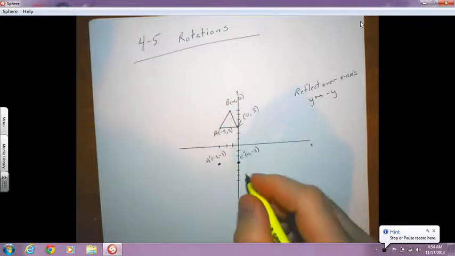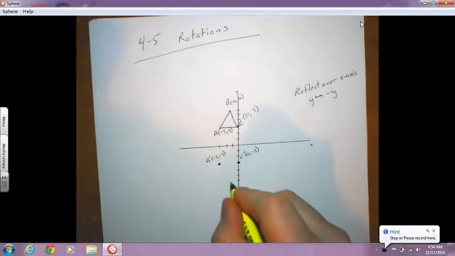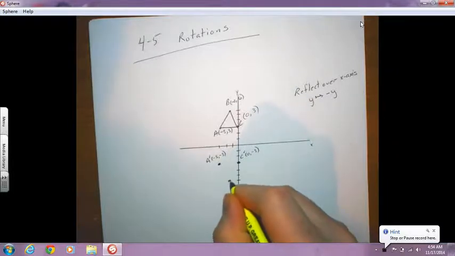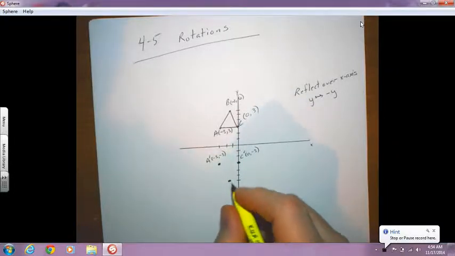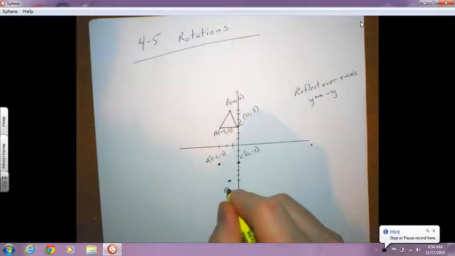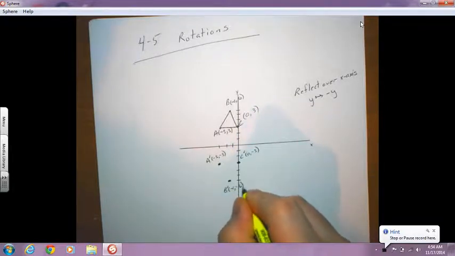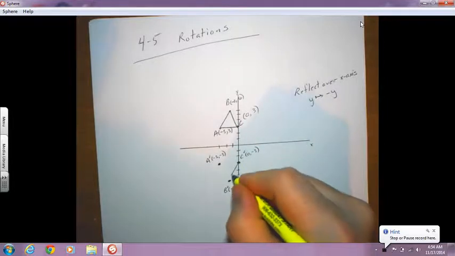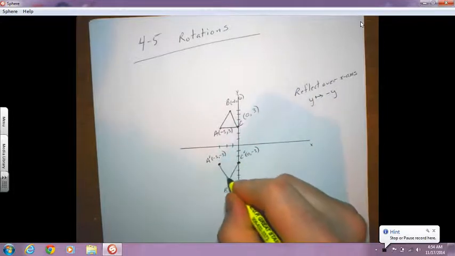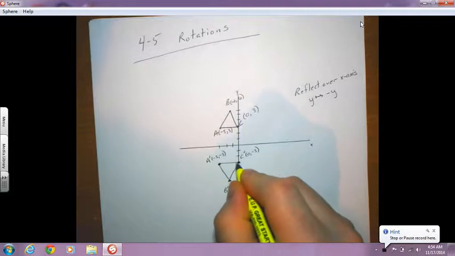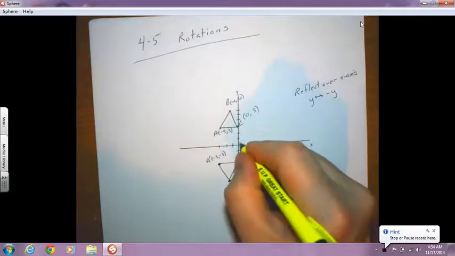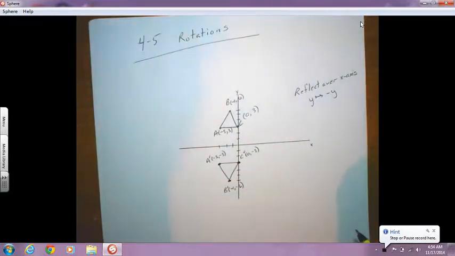And I'll get -2, -6 to be my B prime value. So we've done one reflection.